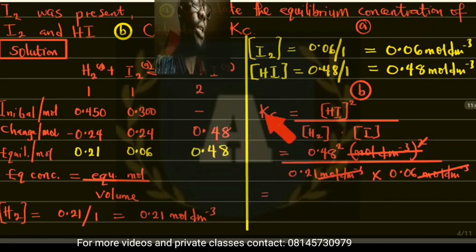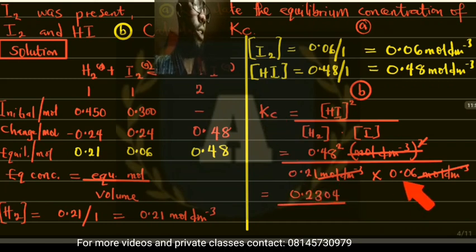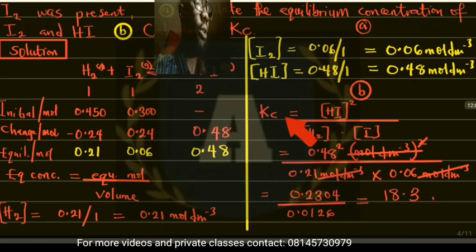Now 0.48 squared, when we calculated that, was 0.2304, divided by 0.21 multiplied by 0.06, that is 0.0126. So now on dividing this, that will be 18.3, no units.